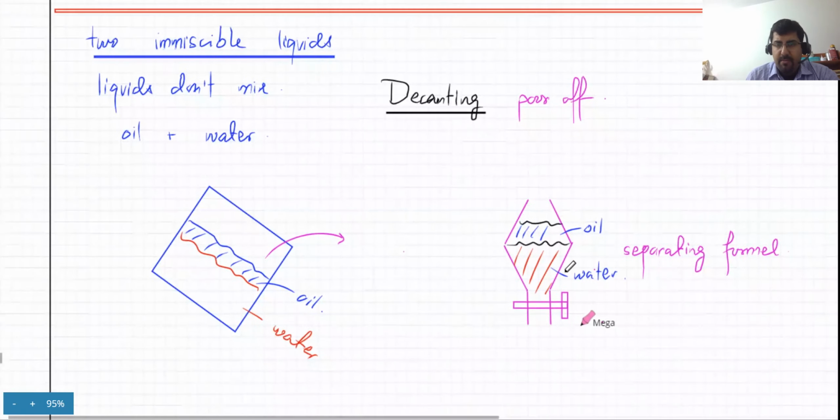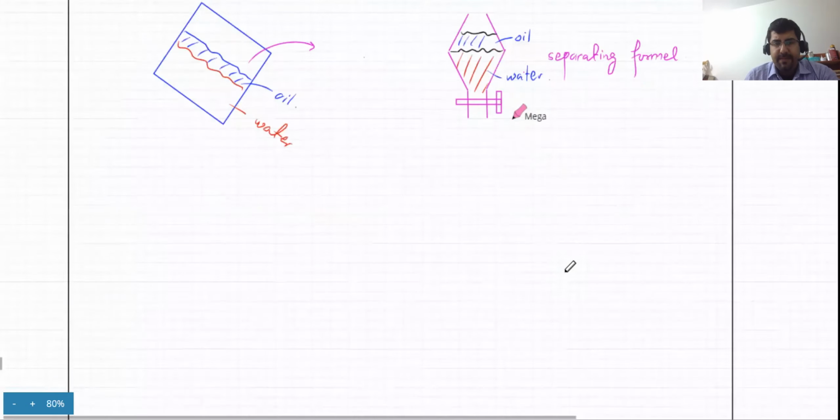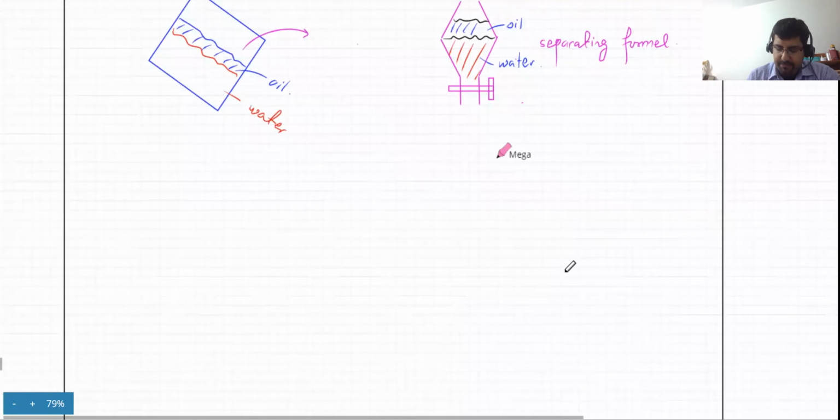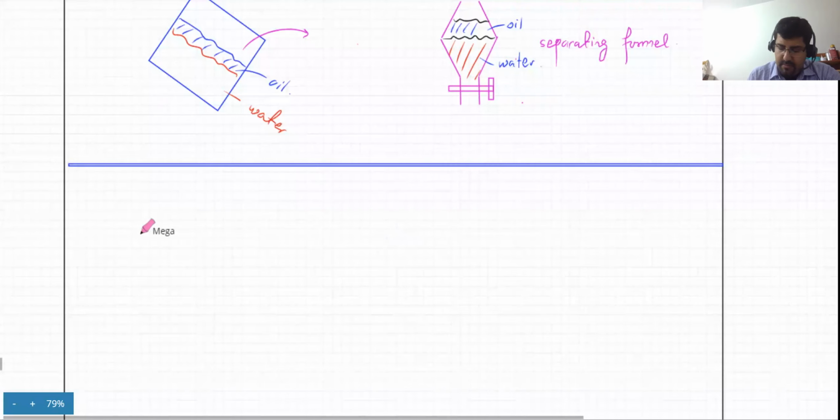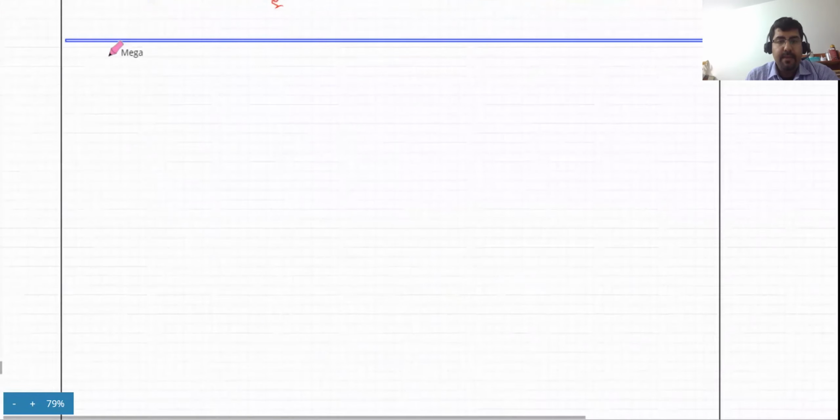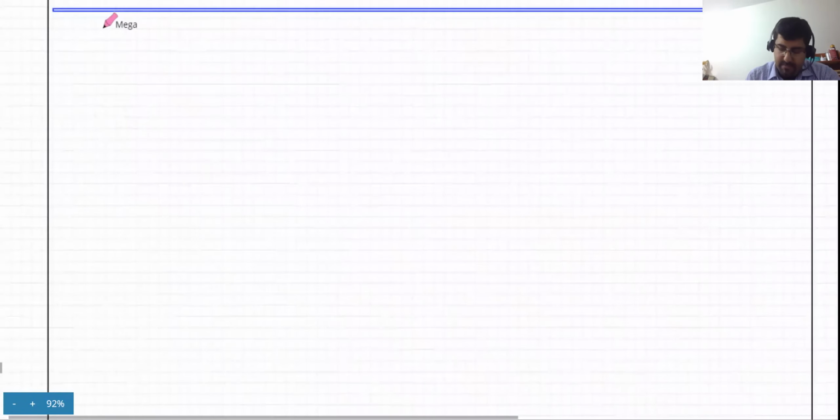Now, moving on, further separation techniques. Okay, so the next one, I said the next one is chromatography.